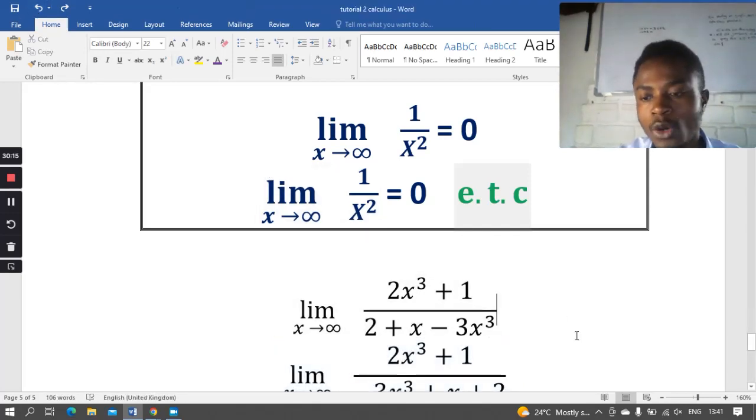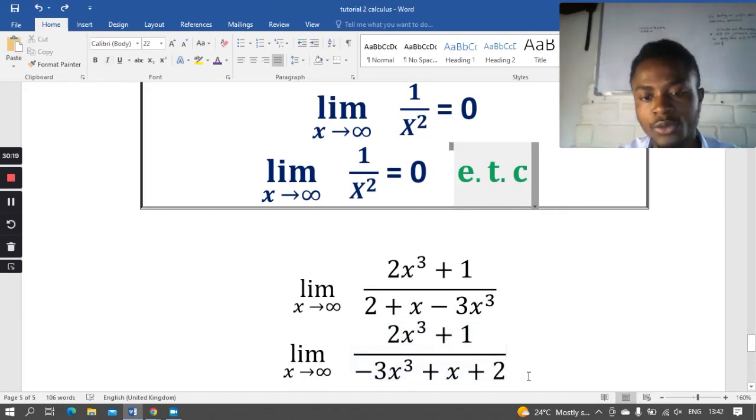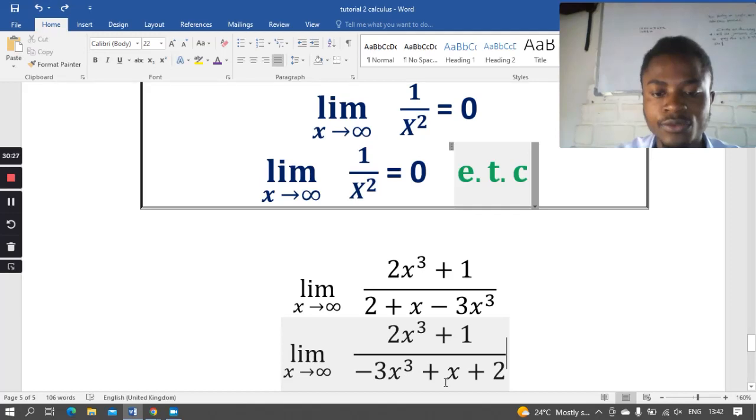When I rearrange the denominator, this is what we are going to have: negative 3x squared plus x plus 2.